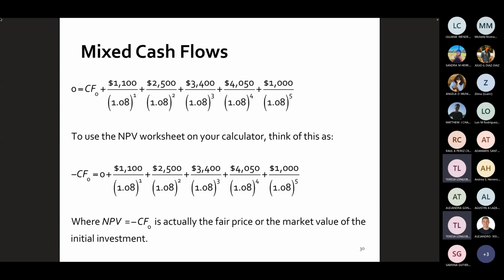So let's try this. Why don't you try this? It says CF0 here. This is the first thing you put into your calculator, a CF0. This would be C1, C2, C3, C4, C5. What do you get?